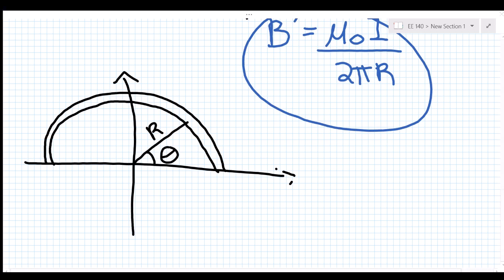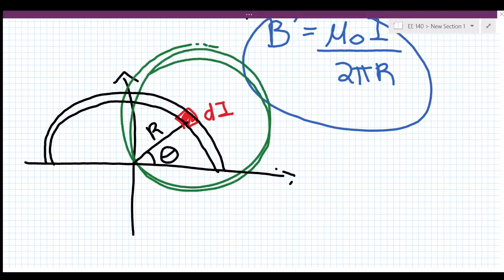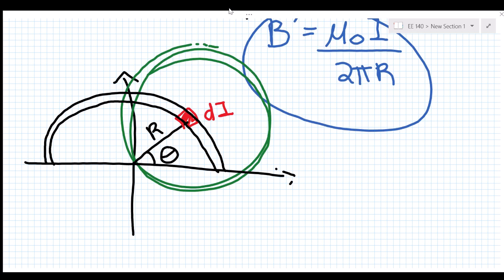It has a radius r and angle theta. If we choose a tiny element, we're going to call that dI. This dI will be generating a magnetic field around it. If dI is coming out of the board, it's generating a magnetic field around the curving of the fingers.